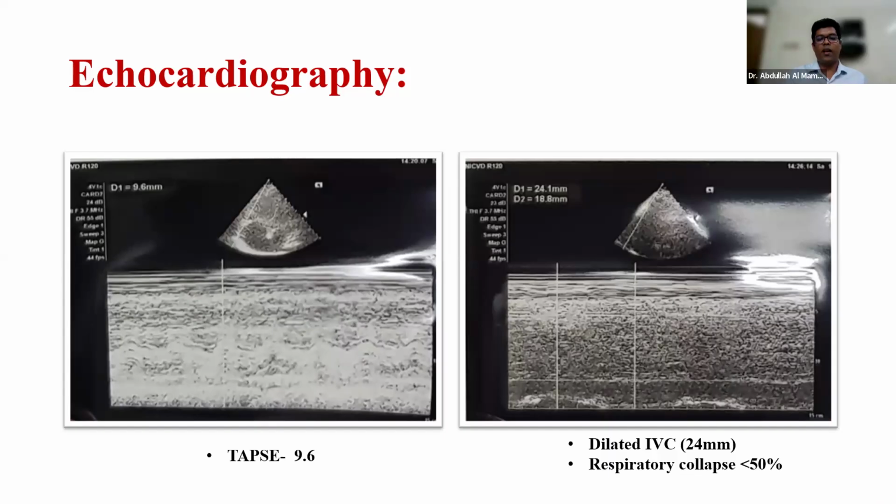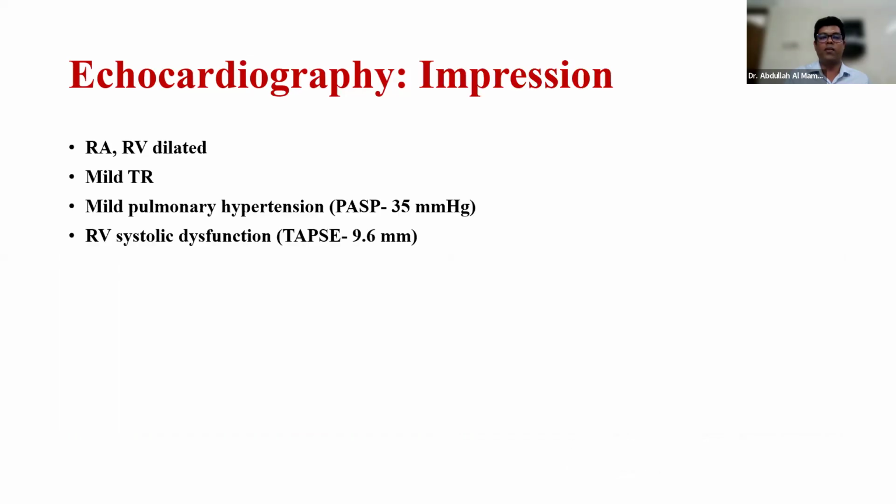It also shows that the RV function is reduced, TAPSE was 9.6 millimeter, and there is a dilated IVC, that is IVC plethora, with respiratory collapse less than 50%. So the echo impression was RV dilated, mild TR, and mild pulmonary hypertension with reduced LV systolic function.